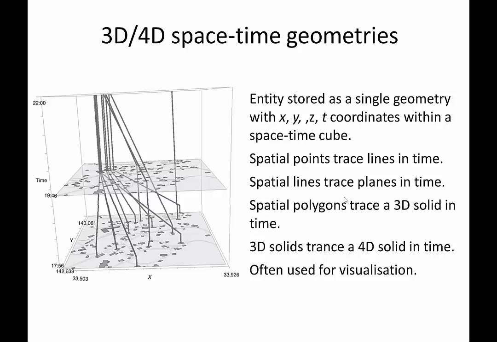A space-time cube is simply a cube in which one of the dimensions is time and two of the dimensions are space. So if we have a spatial point in a space-time cube, it traces a line through time. If we have a spatial line, we trace a plane through space and time. Yeah?